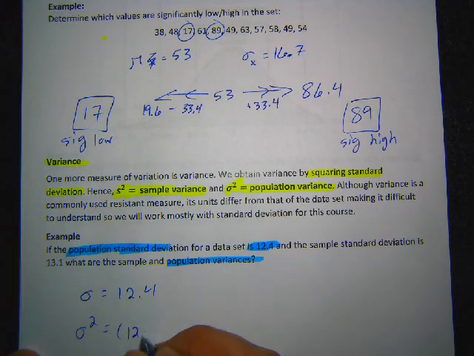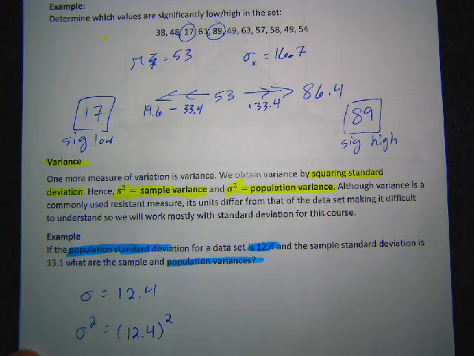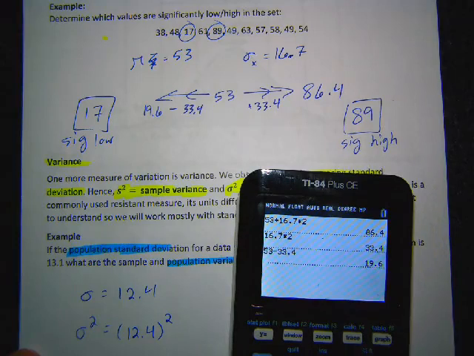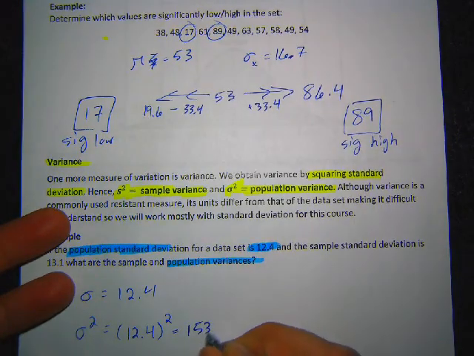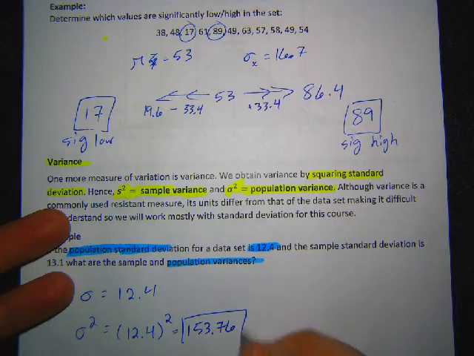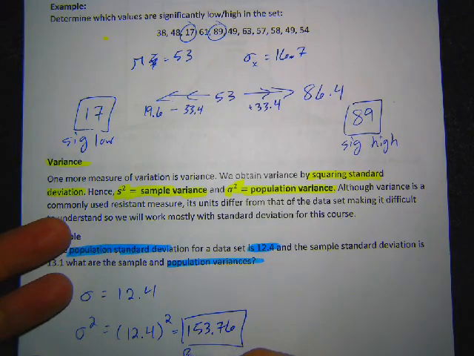So we just take that 12.4 and square it. That'll give us a variance. 12.4 squared, there's my squaring button, is 153.76. So that's the population variance.